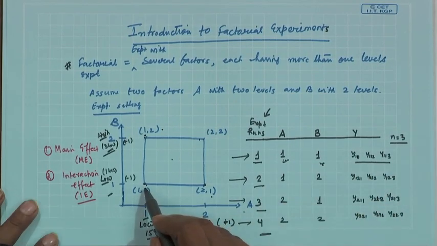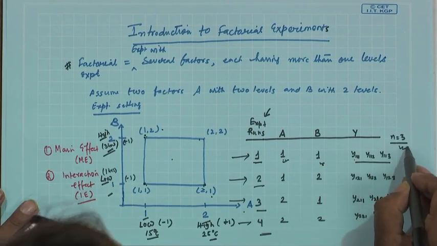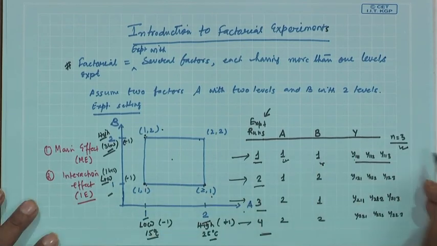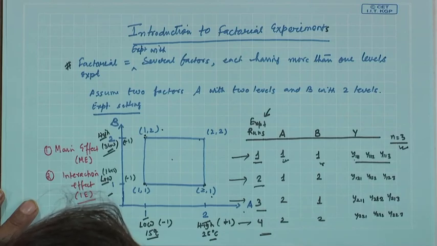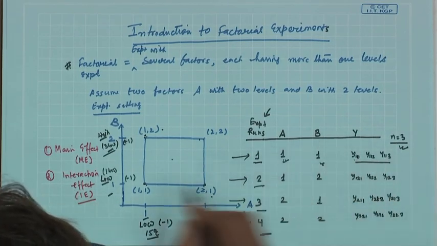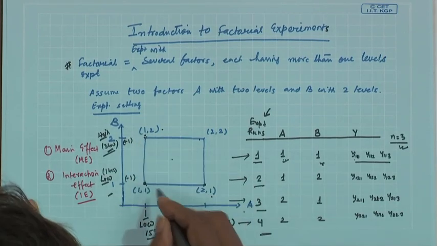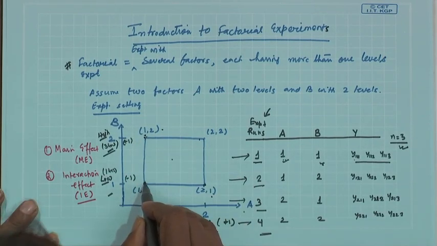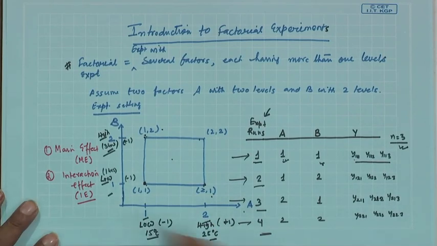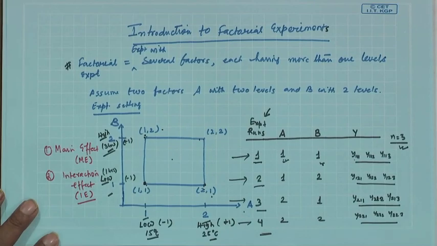Then you will get response values depending on the replication. These y 1 1 1, y 1 1 2, y 1 1 3 are all response values when you run the experiment here. Similarly for the other settings.